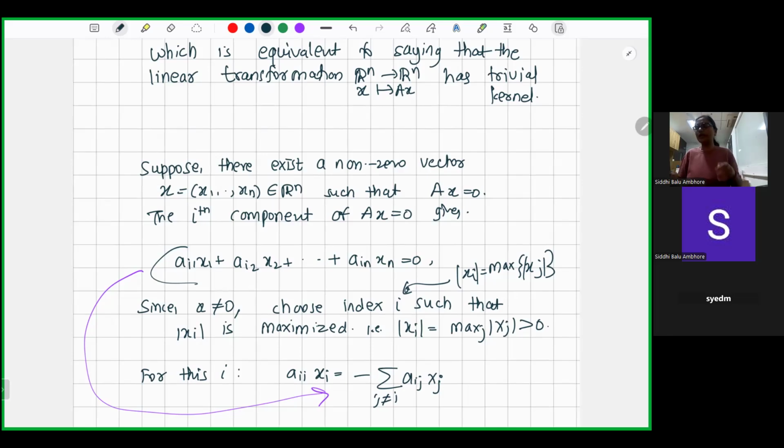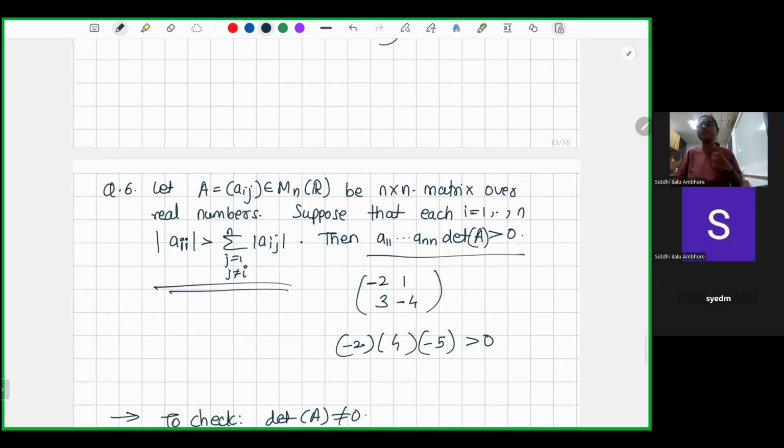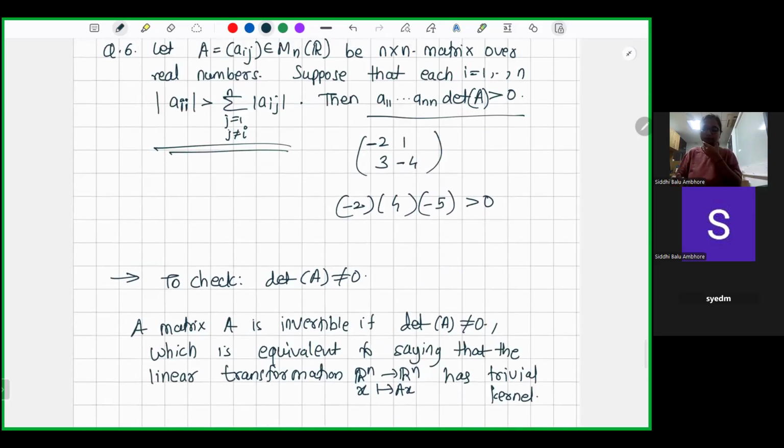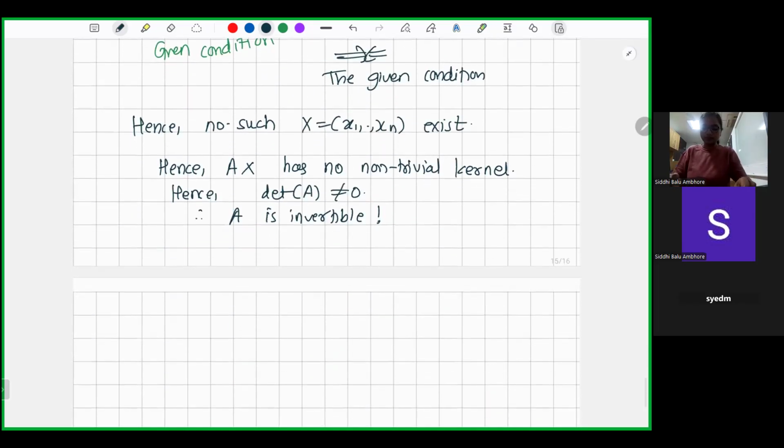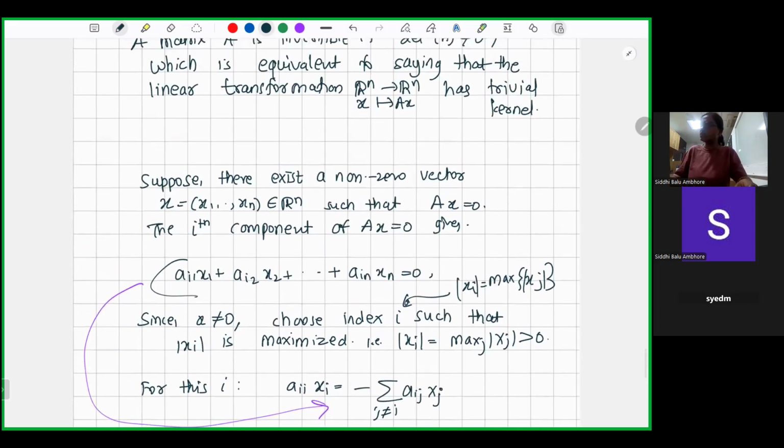So the idea is we ultimately define a diagonal matrix using these a_i's, and use some diagonal dominance.